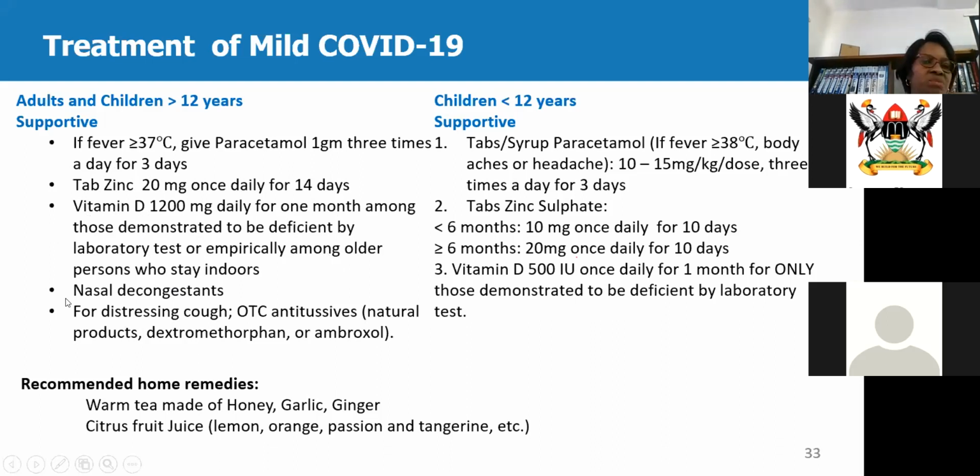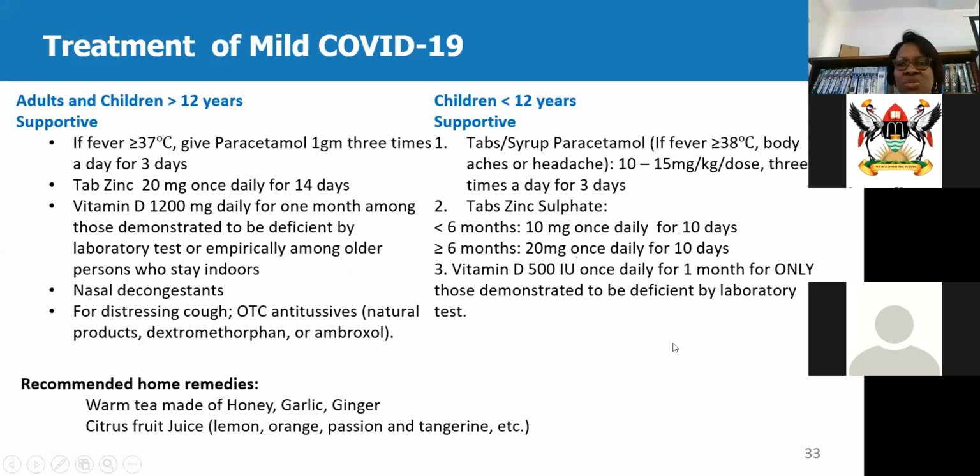Then because patients may have nasal congestion, we can use over-the-counter nasal decongestants. And for those who have cough, initially a distressing cough, we can still use over-the-counter antitussive medications. There are some natural products on the market for cough, but medicines containing dextromethorphan are good, or ambroxol.